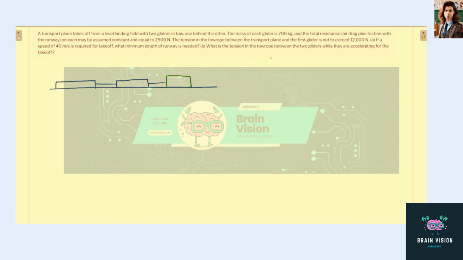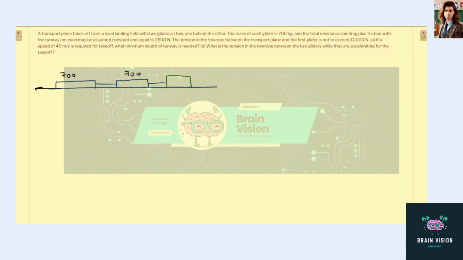These gliders are each of mass 700 kg. So this one and this one are 700 kg each. Now, the total drag, the air friction plus the friction of the runway, along with the air resistance, is assumed to be constant and equal to 2500 newtons on each.